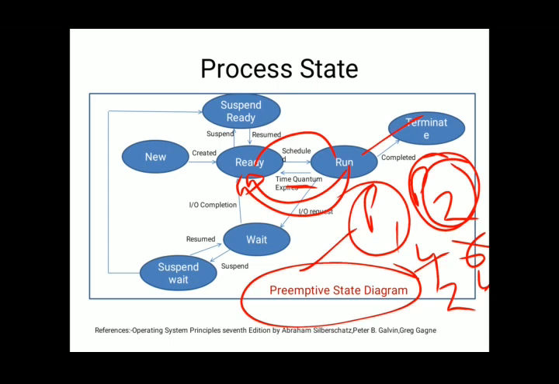So I schedule the P2 process again from the ready state to the running state, and after executing for 2 millisecond, the process P2 completes its task and is terminated. So this is the main task of the preemptive state diagram, and this line indicates the time quantum expire. When the time quantum expires, that process is moved from the running state to the ready state.